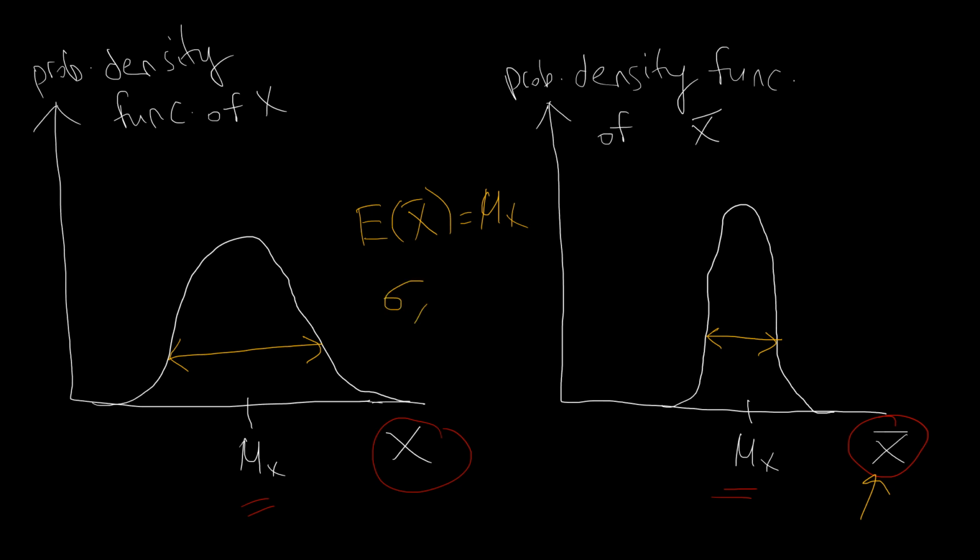So the variance of x, sigma squared x, is not equal to the variance of x bar. As a matter of fact, we're going to see that the variance of x bar, that is our estimator, is smaller than the variance of x, our random variable, okay? So we're going to prove these two in the next part of this video.